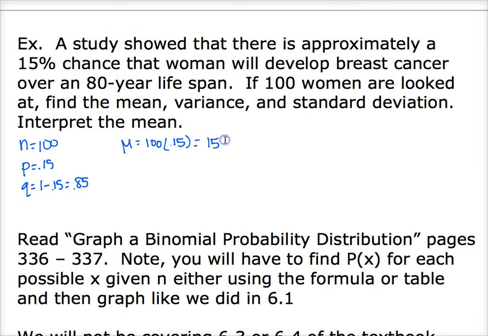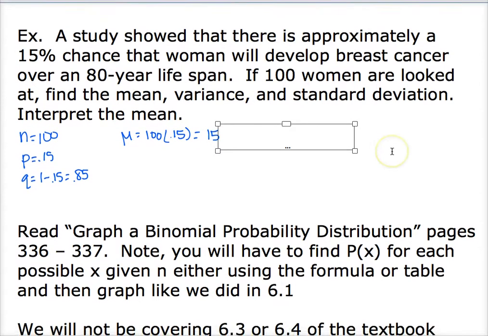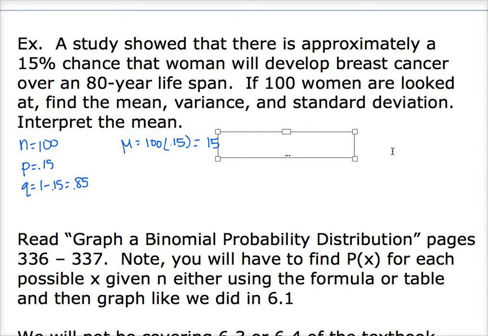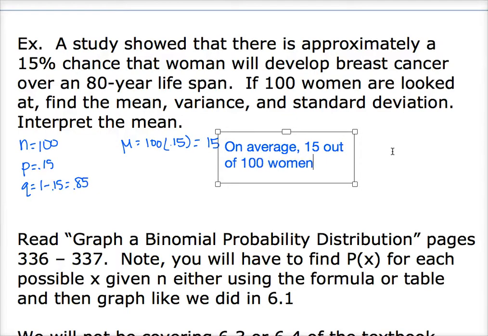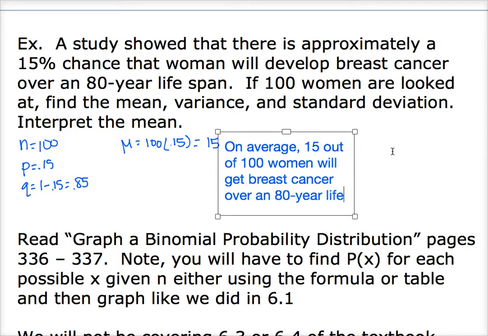If I were to interpret this, this says that 15 out of the 100 women, or on average, 15 out of 100 women will get breast cancer over an 80-year lifespan.